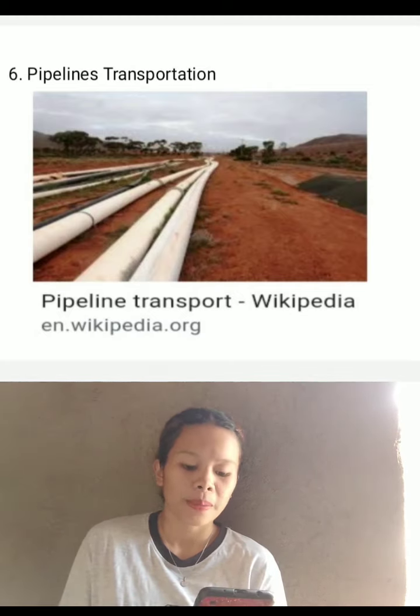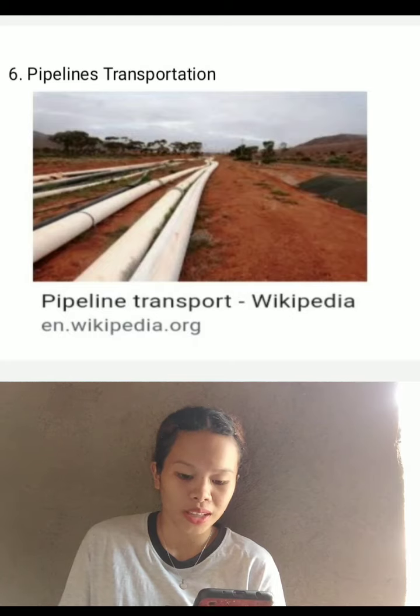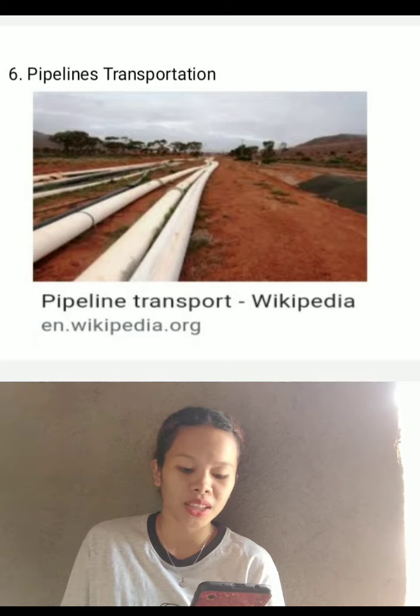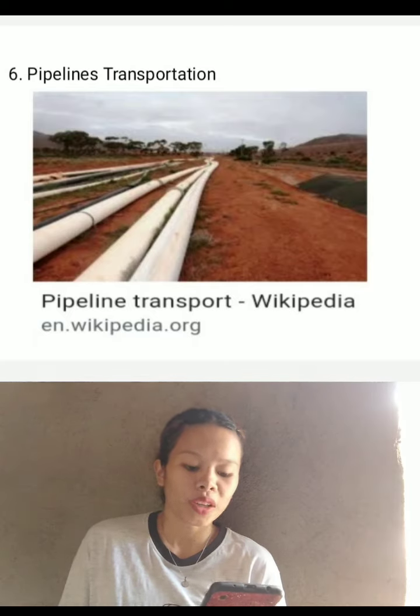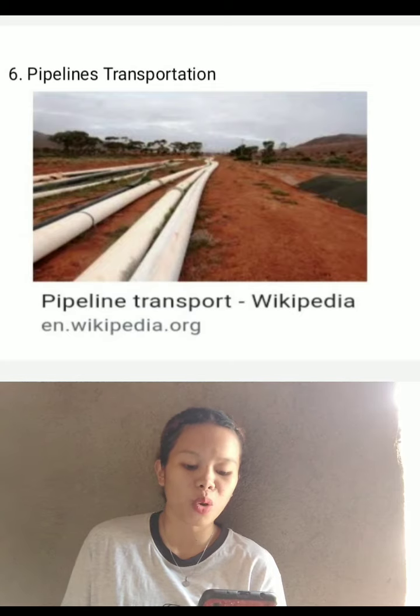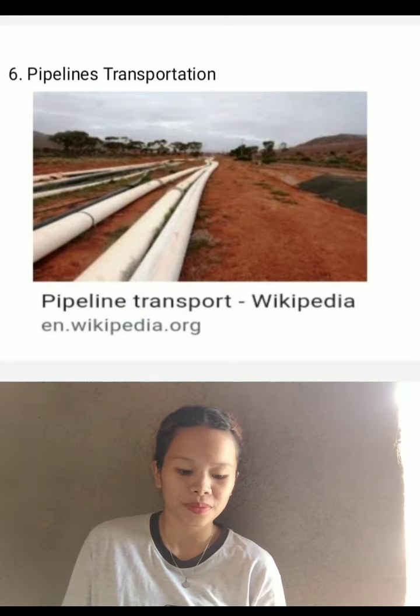Pipelines transport unrefined fossil fuels such as gas and oil from their point of origin to the point where they can then be transferred to refineries or other modes of transportation.